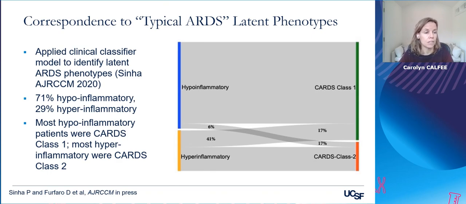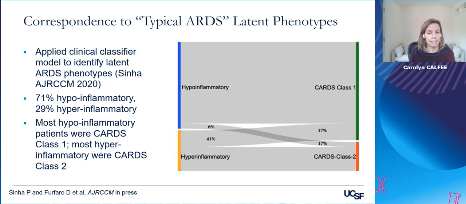Well, what we did is applied a clinical classifier model that uses clinical variables only to identify the latent ARDS phenotypes. We published that model last year in the Blue Journal. Using that model, we found that about 30% fell into the hyperinflammatory ARDS phenotype, and about 70% fell into the hypoinflammatory phenotype.